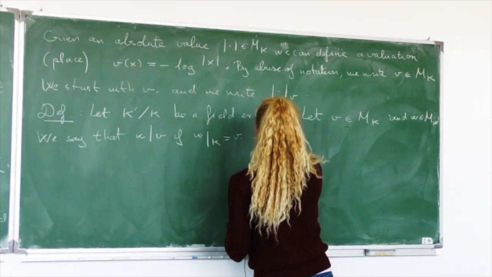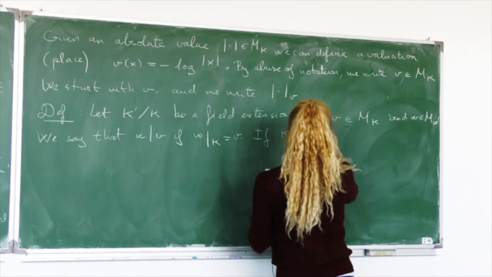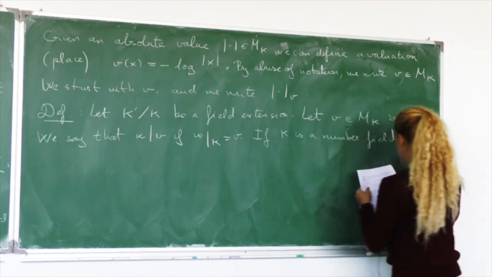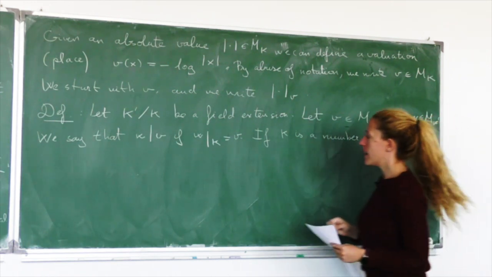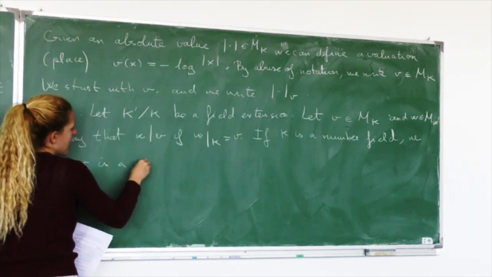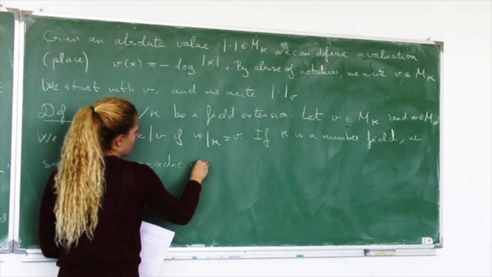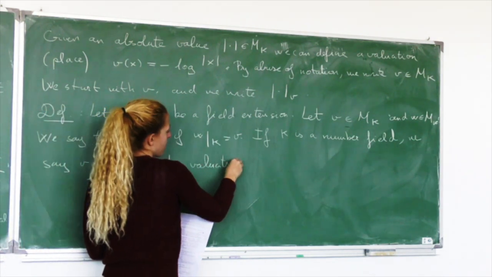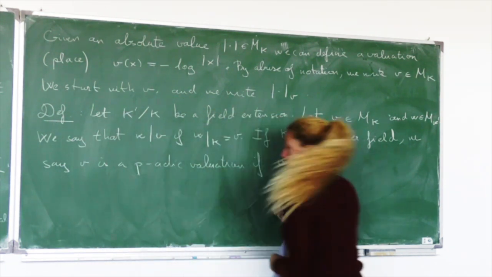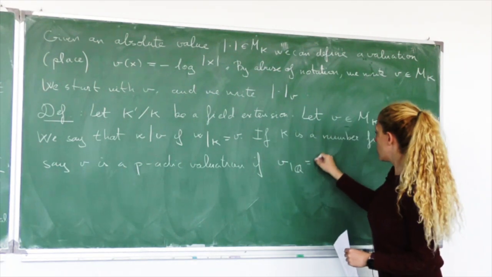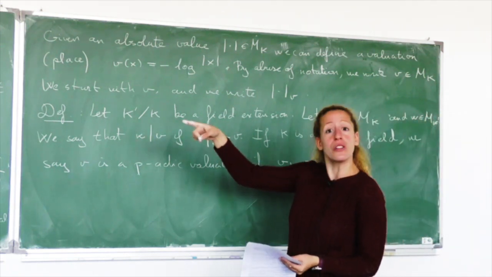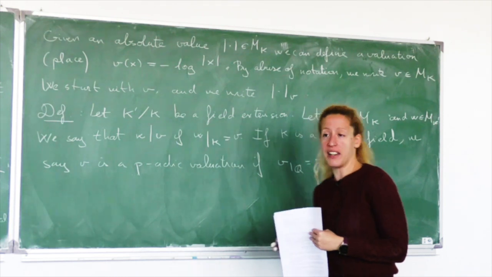Now, in the special case that K is a number field, we say that V is a p-adic valuation if V restricted to the rational numbers is equal to the p-adic valuation, the one that we saw there, the order at p.